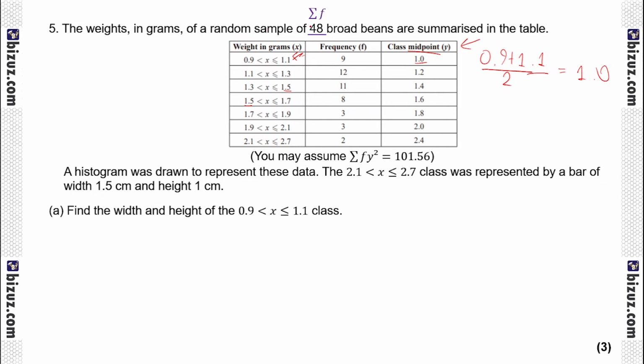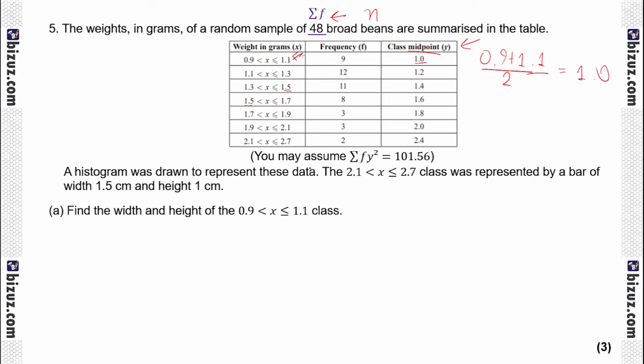First thing though is that 48, as you can see, is the sum of all the frequencies. 48 broad beans, it's the data for all of them. This is obviously the sum of all the frequencies, or you might also call that n, the total number of items.